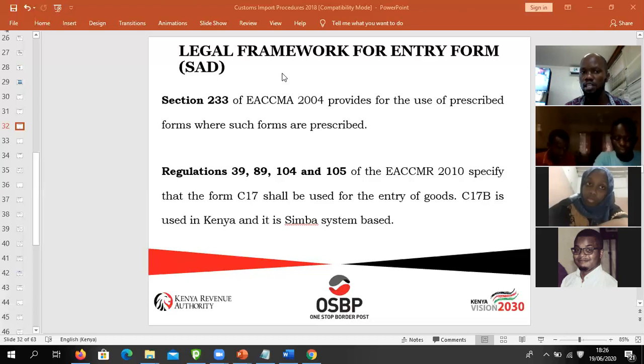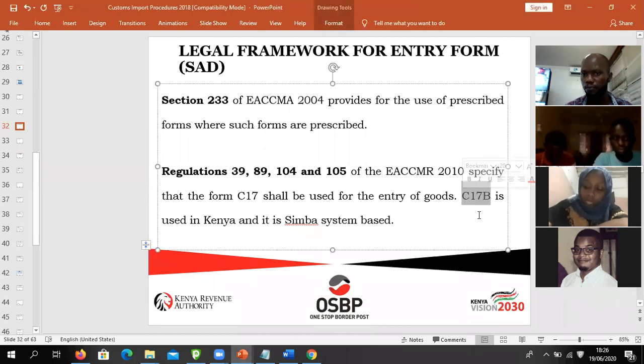C17B is used in Kenya and it is Simba system based. So the example I shared with you is referred to as Form C17B, and you'll be able to see it noted as that, Form C17B, at the top. If maybe you look at this, there's an area marked here, and there's also another area at the top corner.